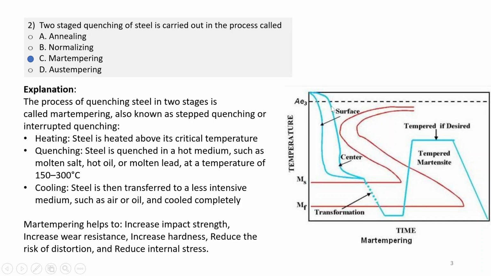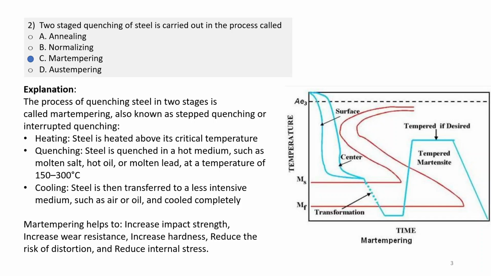Okay, so this is the cooling curve for martempering. Firstly, the core and the surface of the sample will both have different cooling rates, because the surrounding environment is different for the center as well as for the surface.